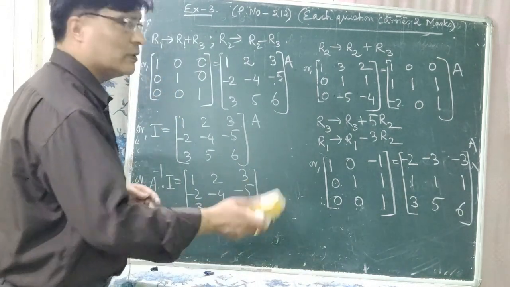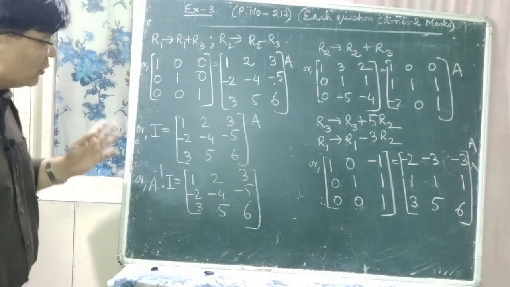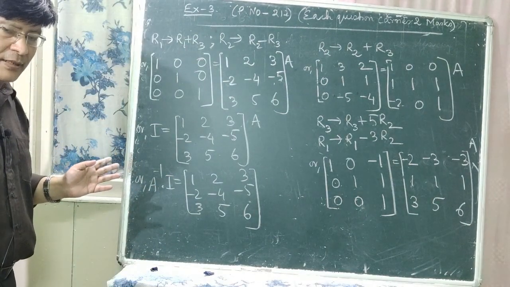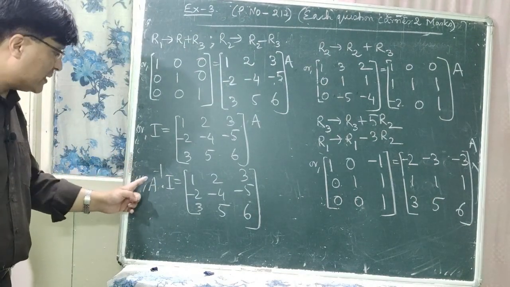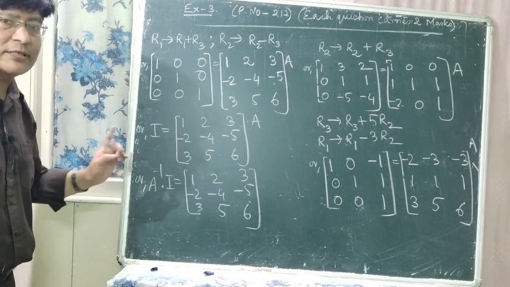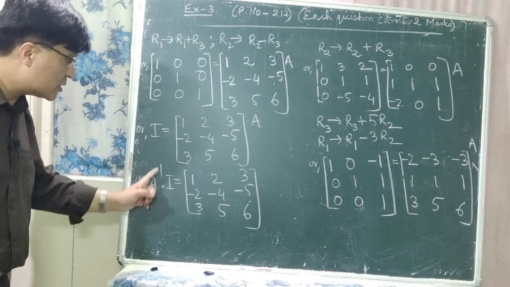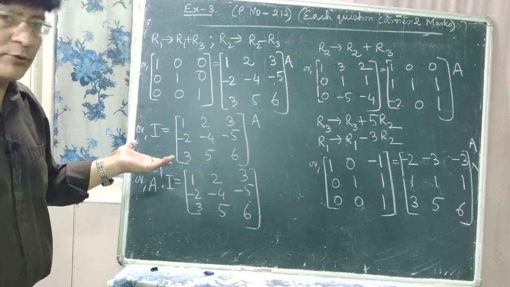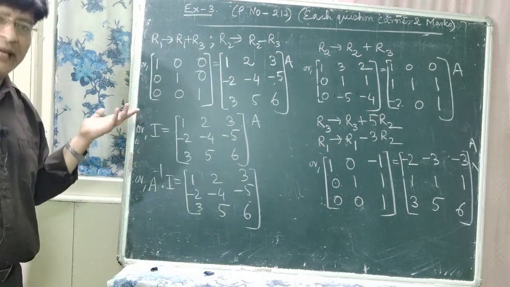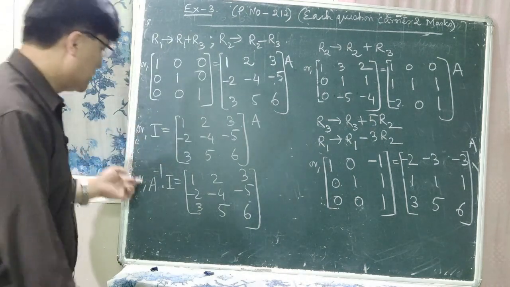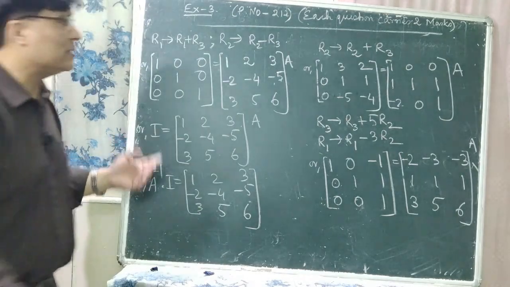Okay? Now you can get the matrix A inverse here. You know the property of matrix: A dot I is equal to A. Similarly, A inverse dot I is A inverse.